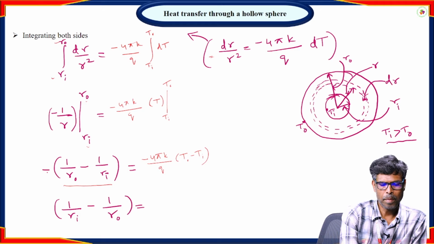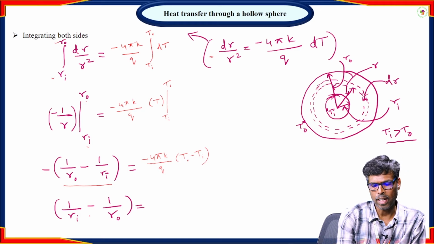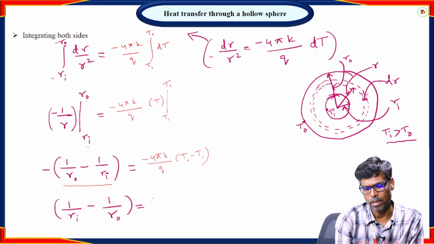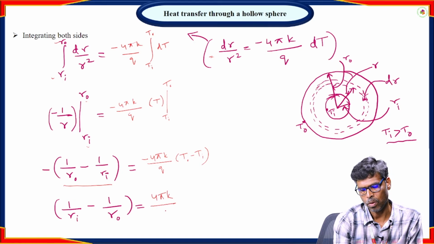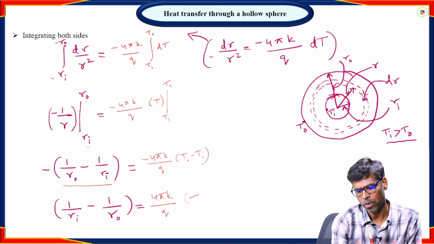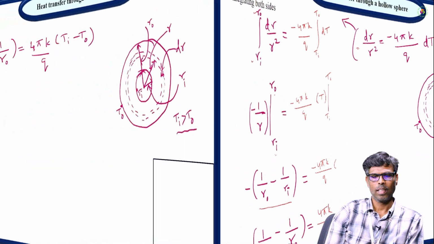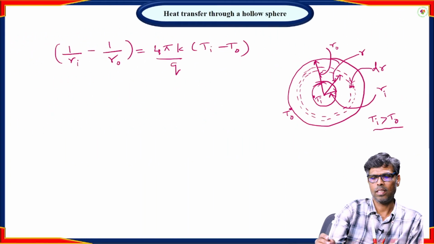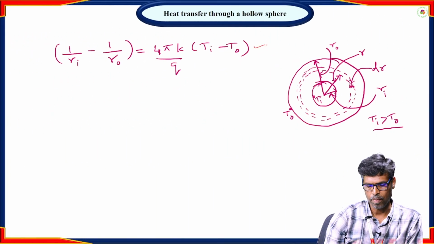Then if we multiply this minus into this bracket on left side and right side, the equation becomes 4 pi k by q into Ti minus To. This we got finally this equation.